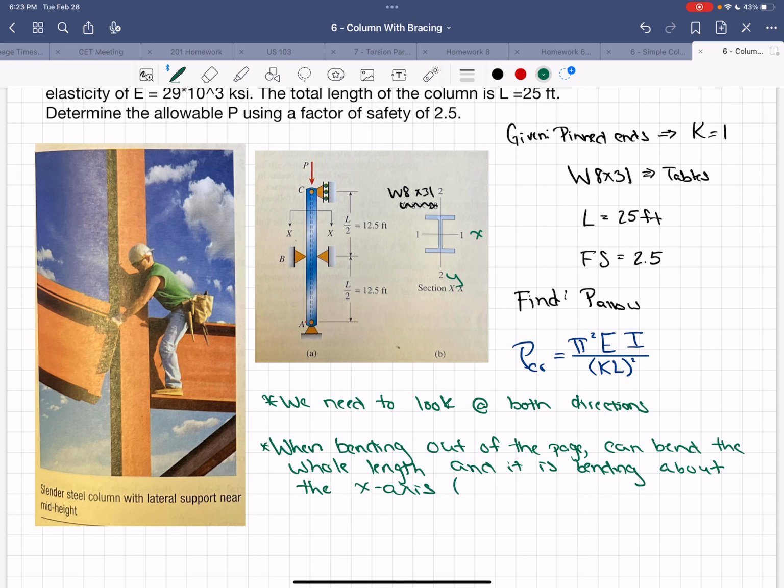So we're going to use Ix with L equals 25 feet.